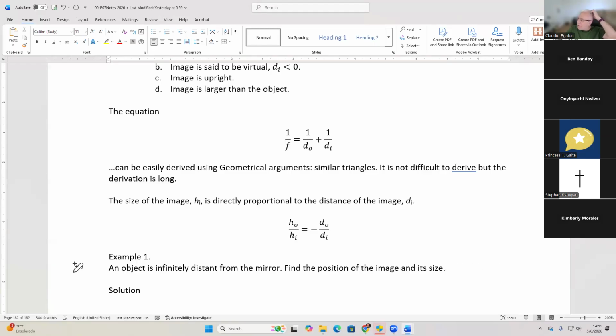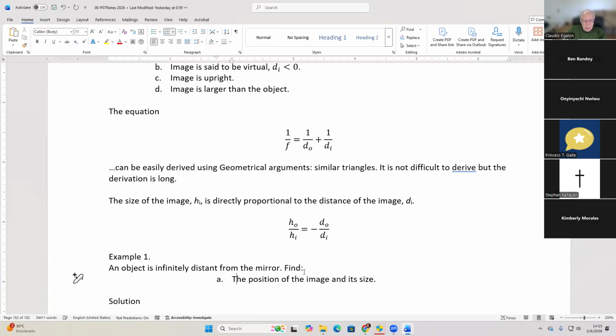So treat that as an example. We already did this part. Here you go, two parts. A, the position of the image.